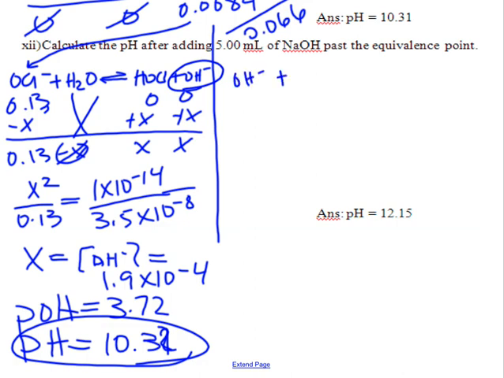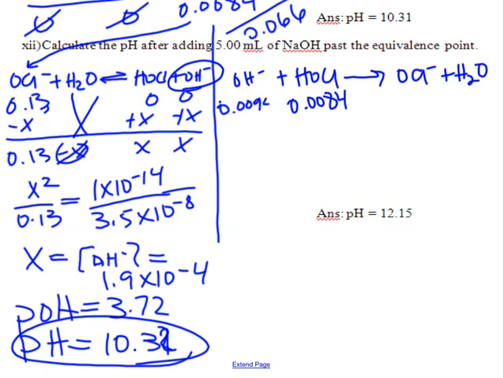OH minus plus HOCl, again we're invading, and we're getting OCl minus in water. Our original moles here stays the same, 0.0084. We had 42 mils, 42 plus 5, 47, so 0.047 times 0.2, 0.0094.